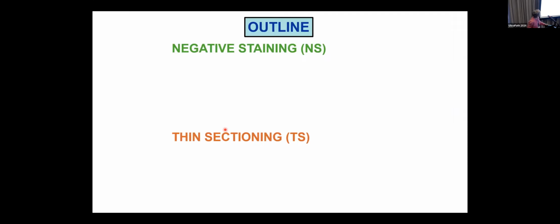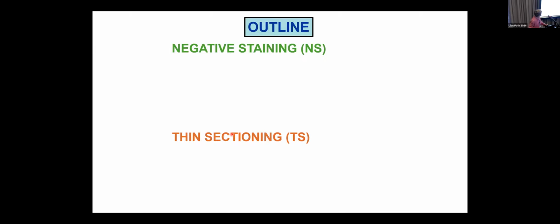So, as you know, in transmission electron microscopy, we mainly use two techniques. Now, there are many techniques, but in diagnostic pathology, we do use negative staining. Our laboratory looks at a lot of virology samples, and we also use thin sectioning.